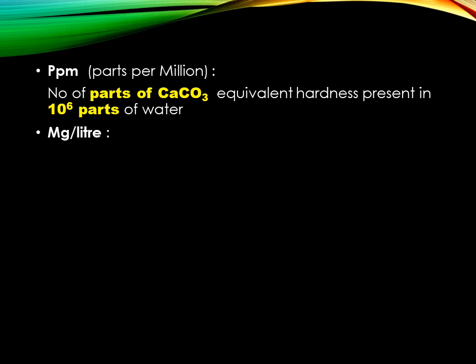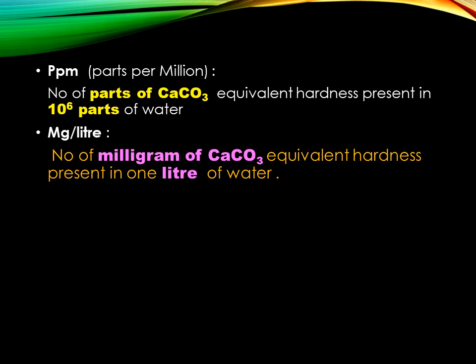The number of parts of calcium carbonate equivalent hardness present in 10 to the power 6 parts of water, that is parts per million. Now, if there are 100 parts of calcium carbonate in 10 to the power 6 parts of water, then that is 100 ppm.